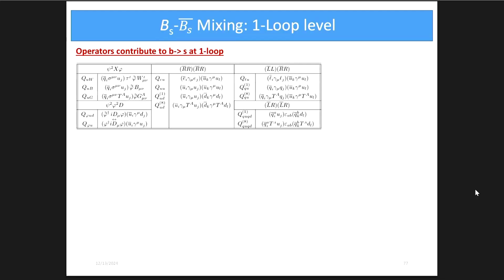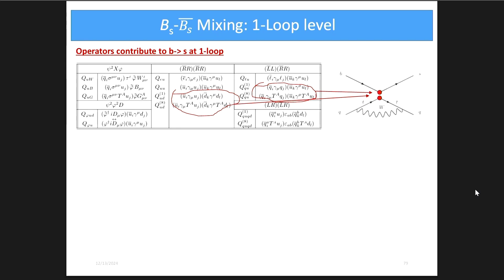At one loop level, if you try to calculate, these are the set of operators written here, part of which will contribute at one loop level to B-S bar mixing. Okay. So here I pointed out the set of operators which will actually do the job. Here you see the diagrams. You see Q Q bar and U U, which are basically up-type quarks.